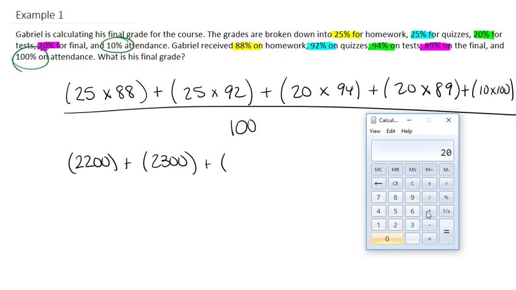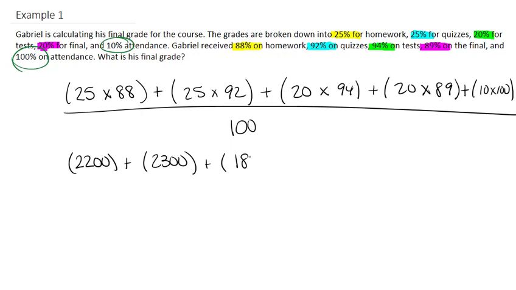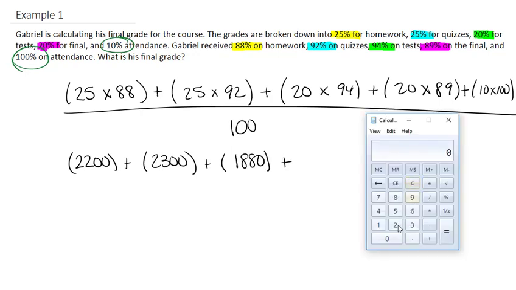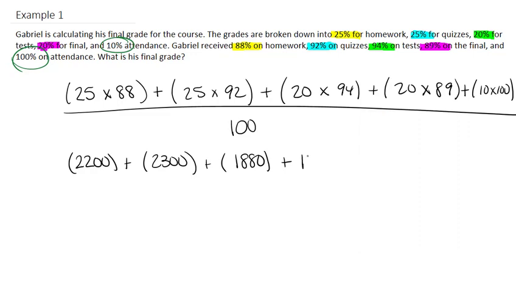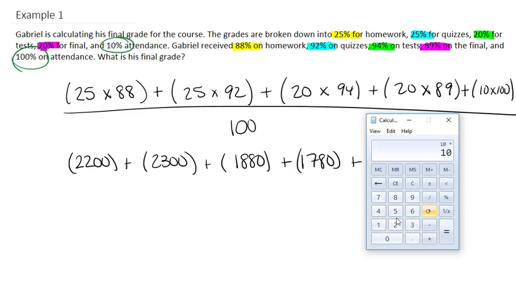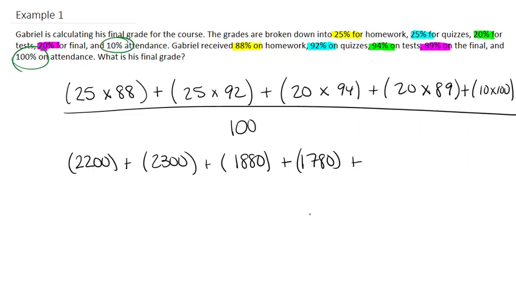Next we have 20 times 94, which is equal to 1880, plus 20 times 89, which is equal to 1780, plus 10 times 100, which is equal to 1000.